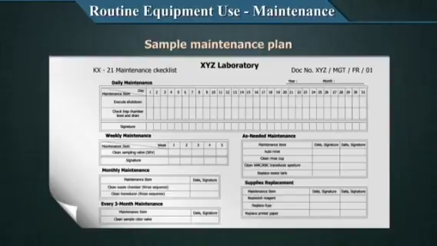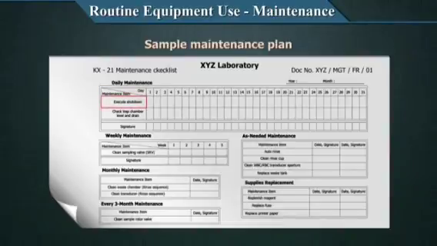This is a format for the daily maintenance of a particular equipment. There are about 30 days depicted. Since it is a daily event, there are 31 entries. Each activity has to be done on a daily basis. The first one says execute shutdown.